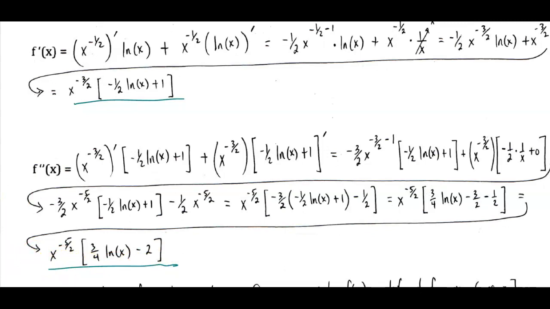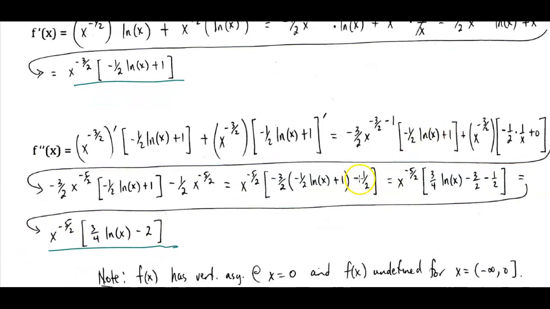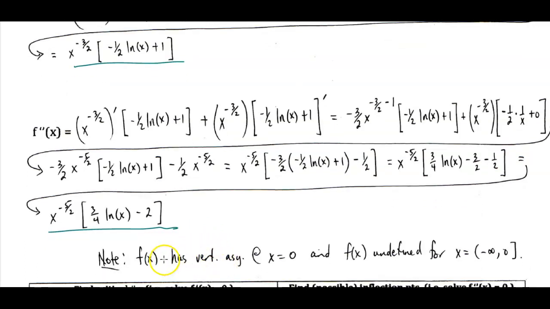And now what we need to do is figure out when is the first derivative and the second derivative going to be equal to 0 here, okay? And notice that I have this note here that this function also is going to have a vertical asymptote at x equals 0, and it's going to be undefined for all values that are 0 or negative, okay?